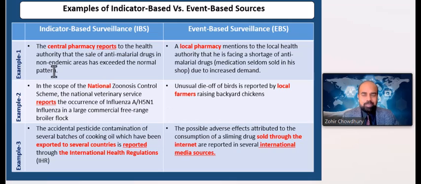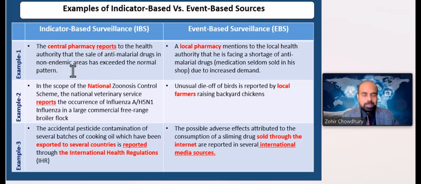Here are some examples that can be classified under IBS or EBS, depending on the type of information and specific source of information. You can see there are 3 examples, and I'm going to go over maybe 2 examples. So example 1, the central pharmacy reports to the health authority that the sale of anti-malarial drugs in non-endemic areas has exceeded the normal pattern.